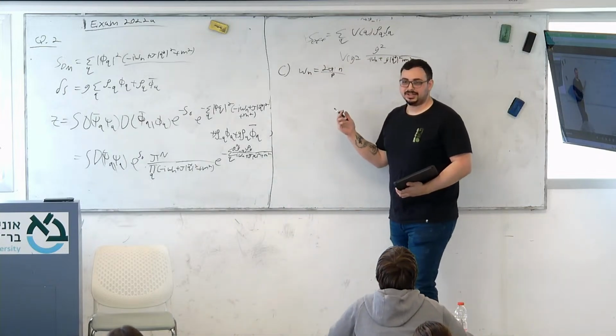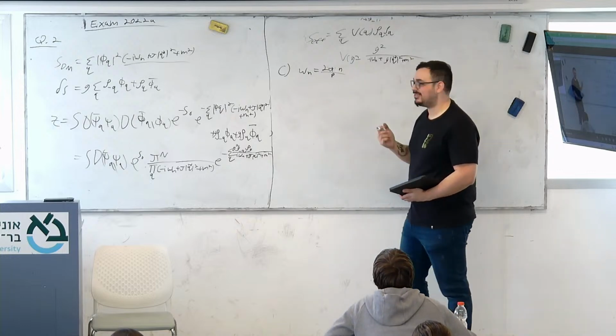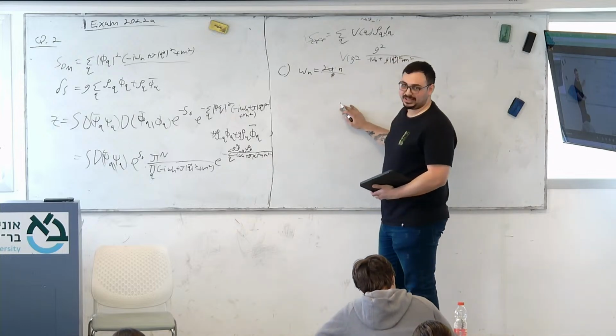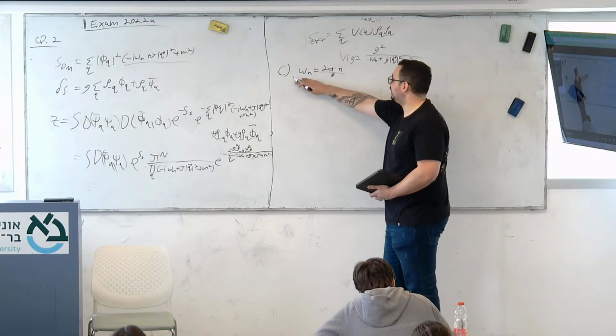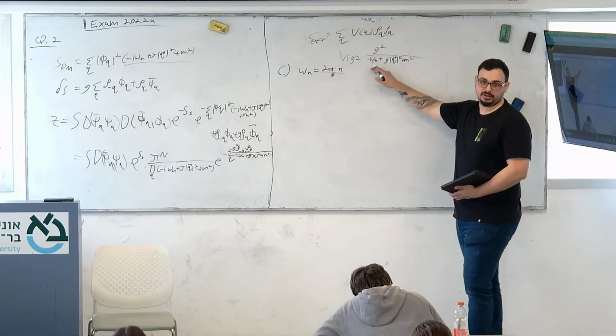It's very weird that we use beta for time and T for the one divided over time. I don't like it. So if we only have the term where n equals 0, then we can just take omega n to be equal to 0.